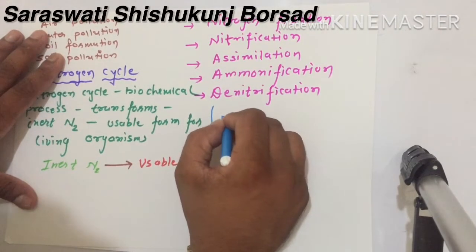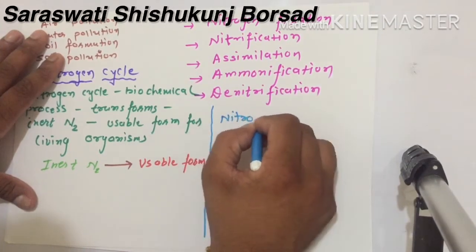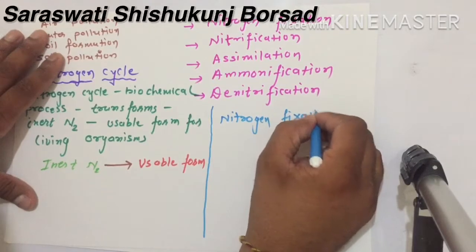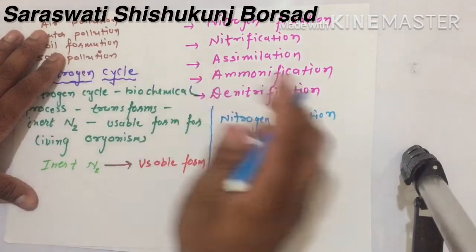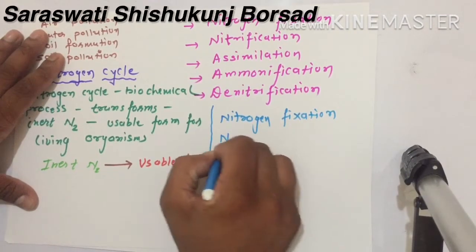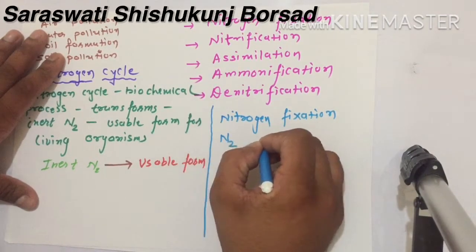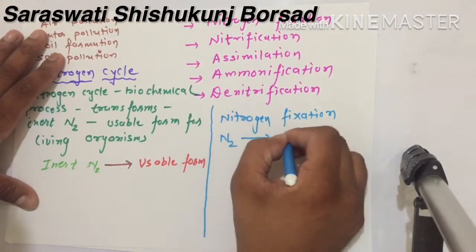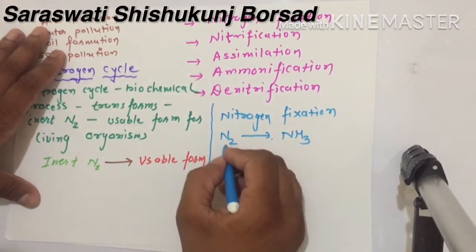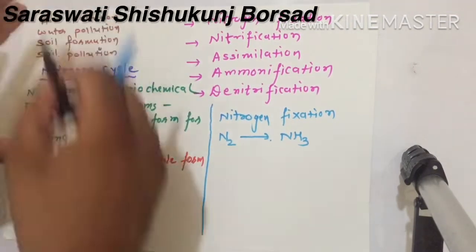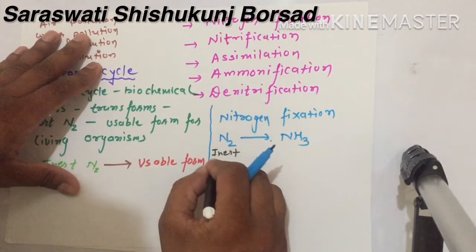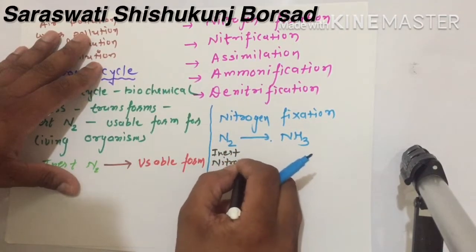So first is nitrogen fixation. Here in nitrogen fixation, the nitrogen which is in inert form gets converted into ammonia, right? This is our inert nitrogen.